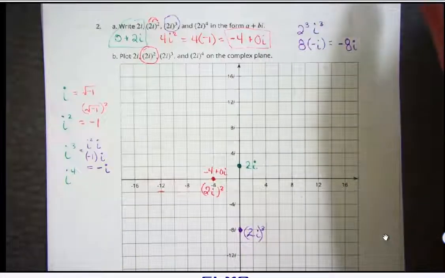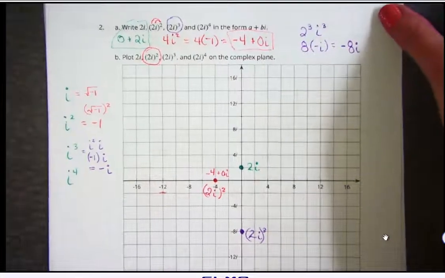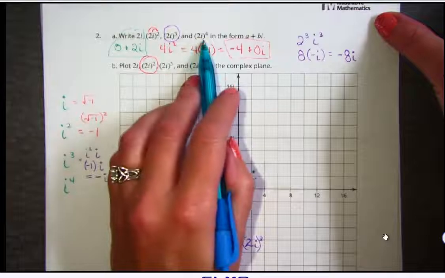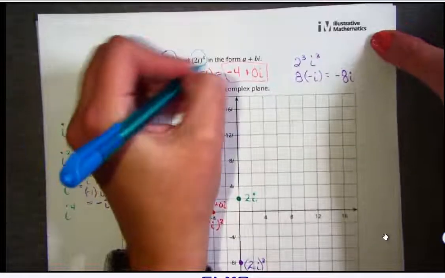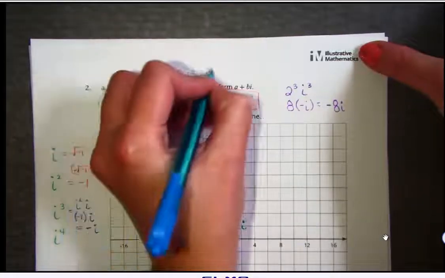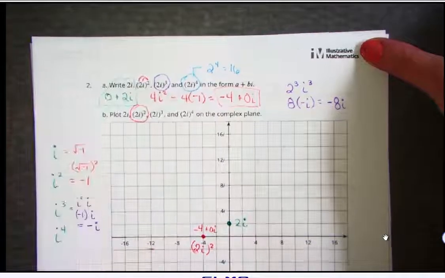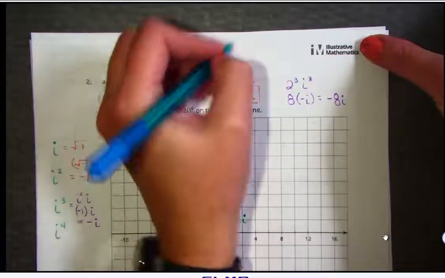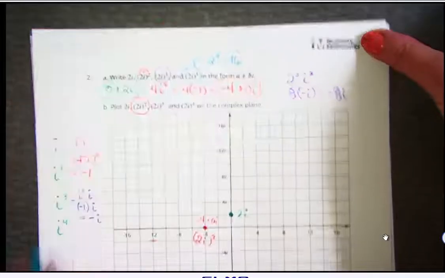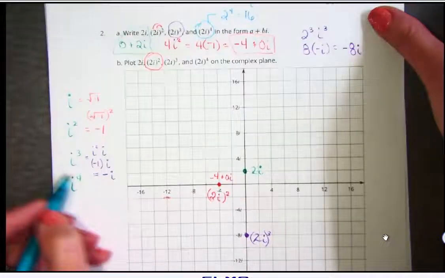Let's see for sure. Picking up a different color. 2i to the fourth. 2 to the fourth equals 16. i to the fourth. Now I'm going to come over here and figure out what i to the fourth is.